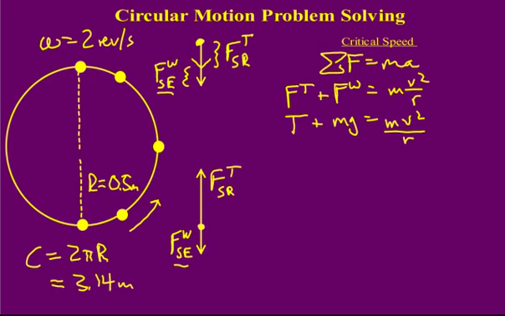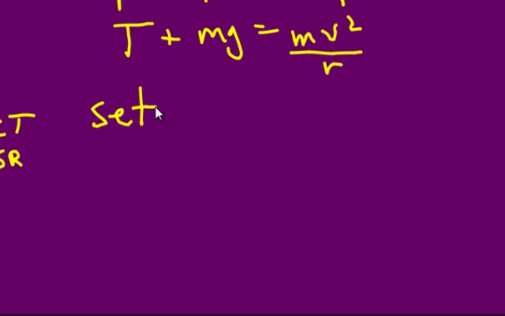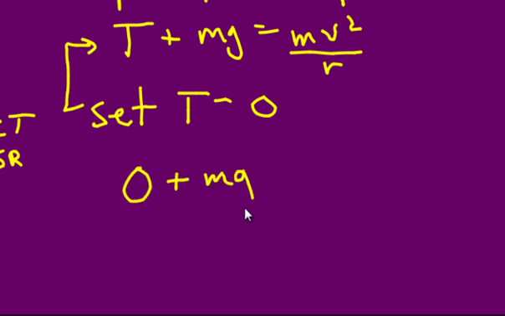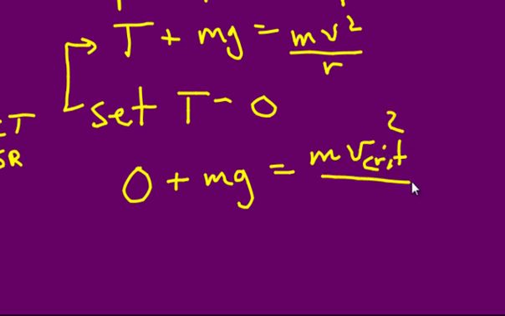So the way that we're going to solve for the critical speed is we're going to set tension equal to 0 in this equation right here. So that would be 0 plus mg equals mv squared over r, and here we'll put a little c for critical, or sometimes they write crit. What we need to do now is just solve this equation for v, and we will have our answer.